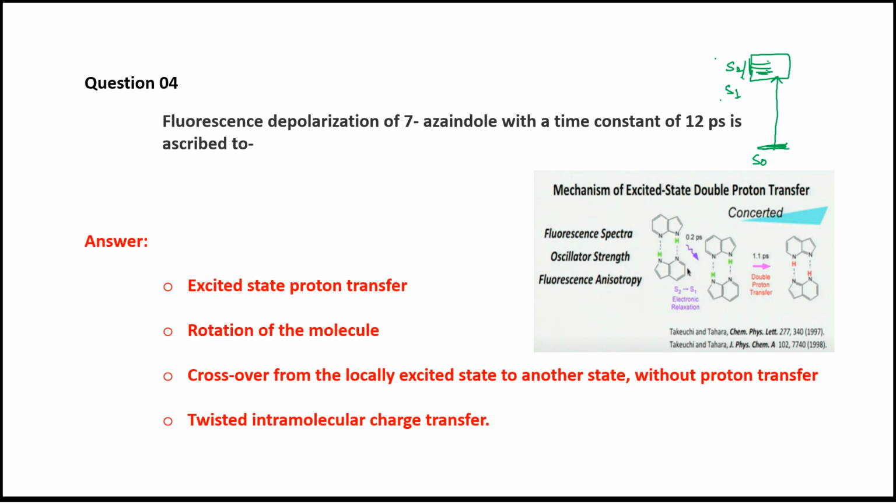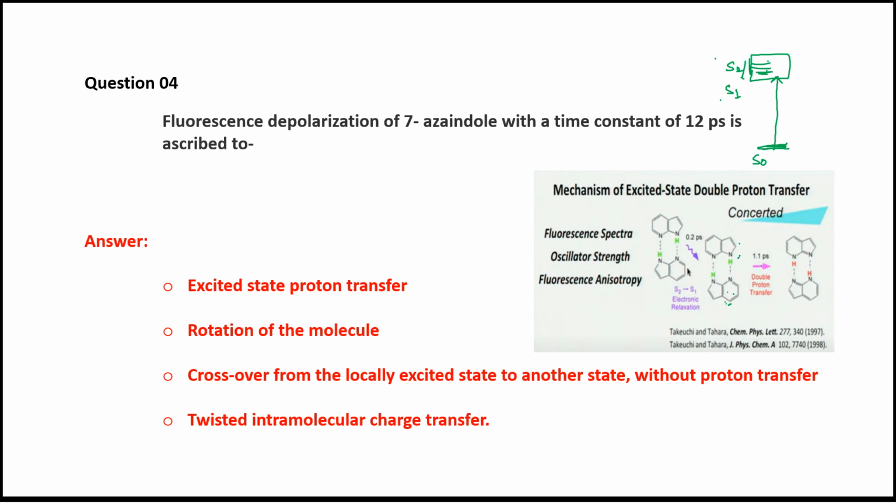From there, immediately from S2 to S1, there is a relaxation on the time scale of 0.2 picoseconds. Soon after this step, this is the precursor to step, which we discussed in the previous question.